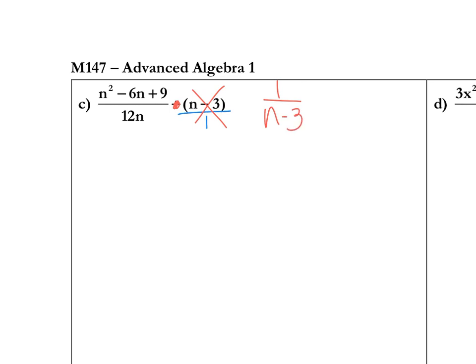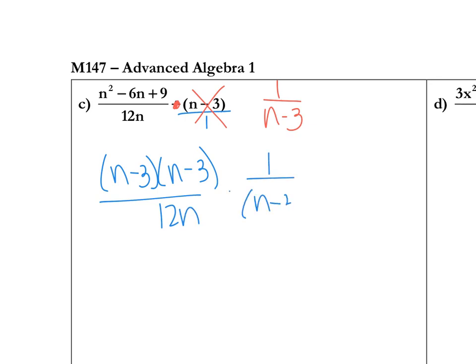And then you just do what we did before. So n minus 3 times n minus 3 all over 12n times 1 over n minus 3. And this one's a pretty quick one, actually. Those two cancel, and I'm left with n minus 3 over 12n.